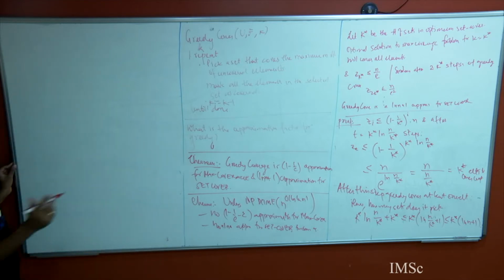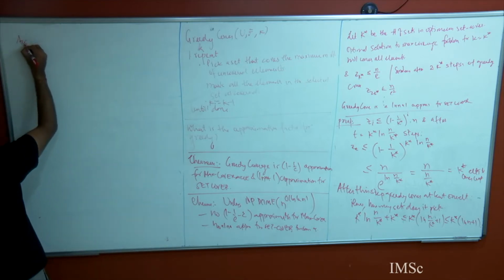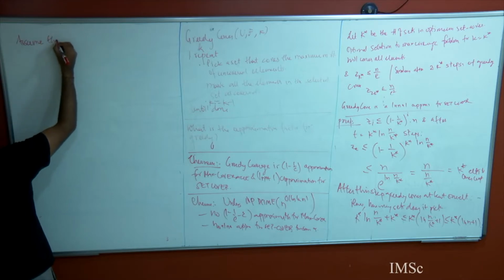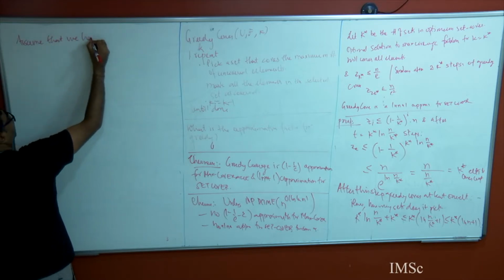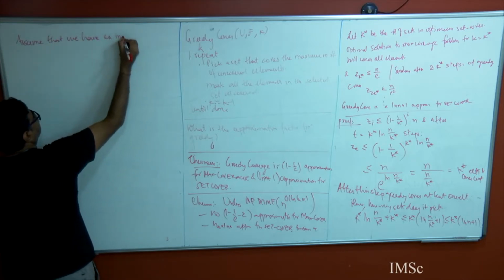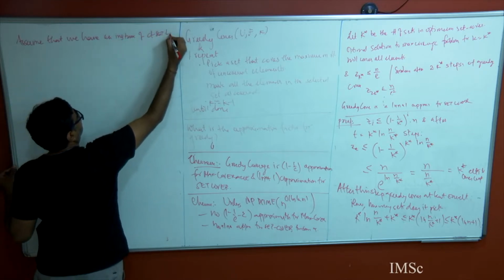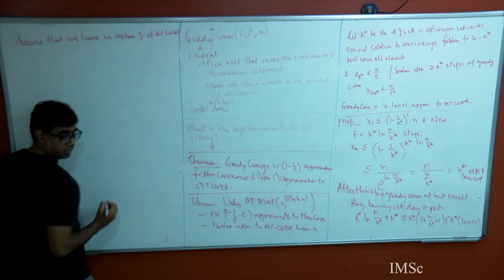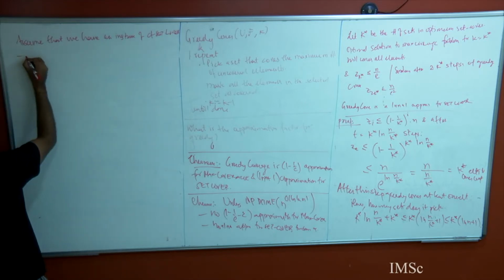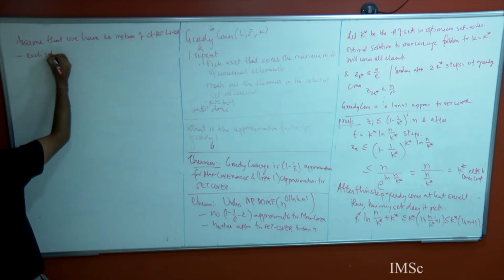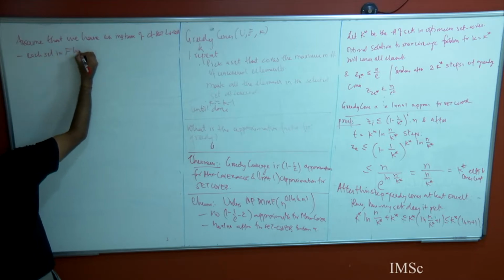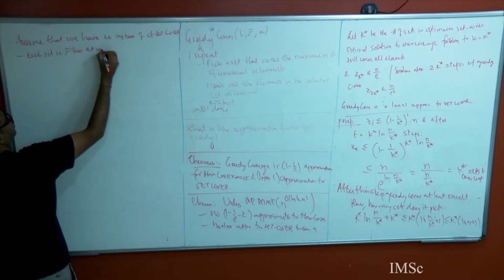Assume that we have an instance of D set cover, meaning each set in the family has at most D elements.